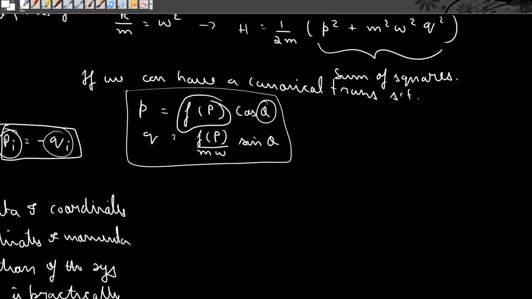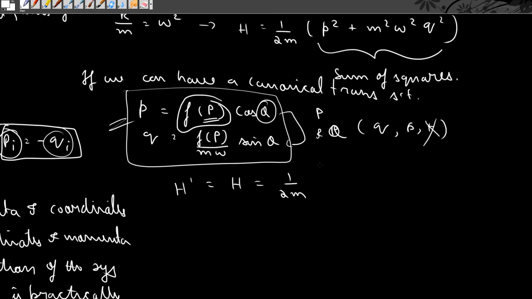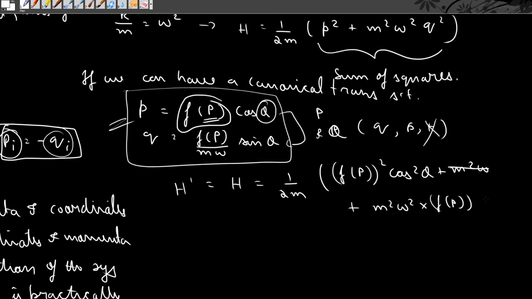Now clearly by inverting these relations we can get our p's and q's in terms of Q, P and t, but clearly there is no t involved in this set of equations, so there is not going to be explicit dependence on time, and therefore our H dash should be equal to H. When we write it in terms of the new coordinates and momenta, this will be equal to 1 by 2m times f of P the whole square cos square Q, plus m square omega square into f of P the whole square sin square Q divided by m square omega square.